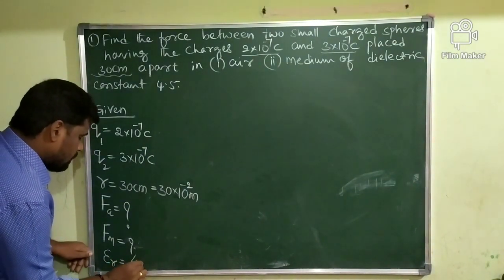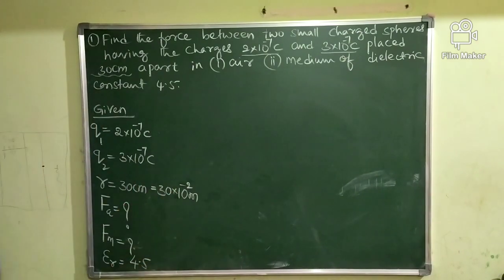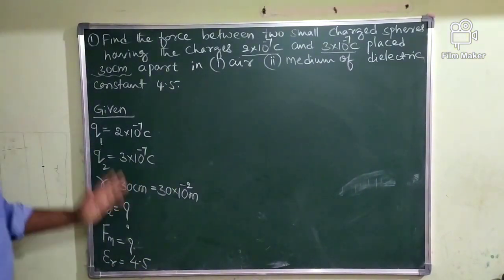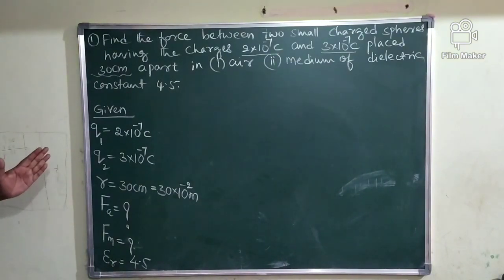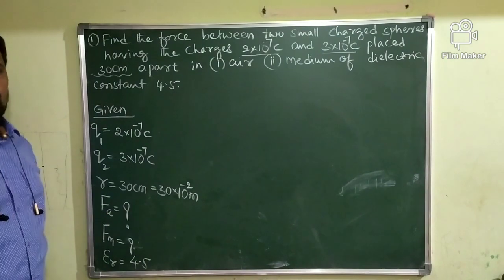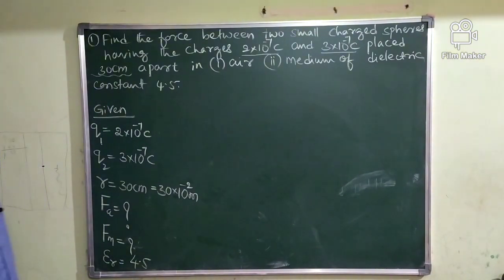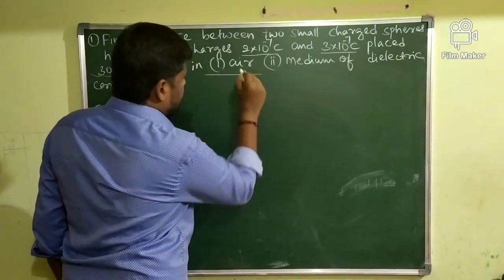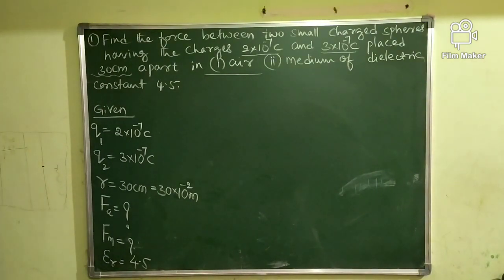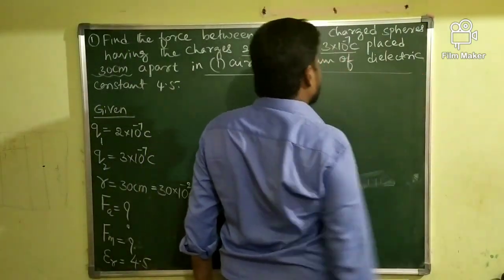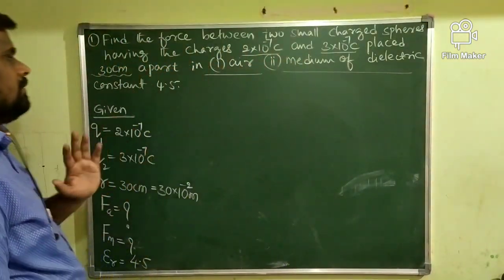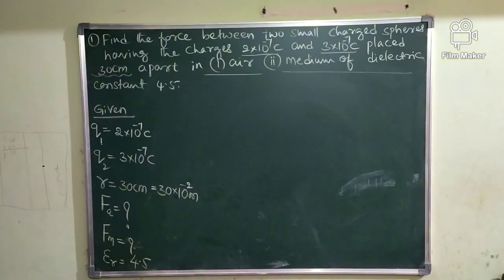That epsilon R value is found to be 4.5. Write down the data here. Charges given, distance between the charges is given. They are asking you to find force between the two charges in which medium? Air medium. And then you have to calculate the force between the same two charges in some dielectric medium.